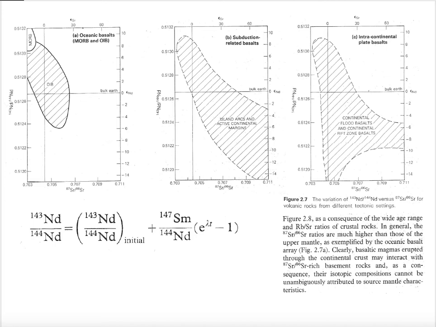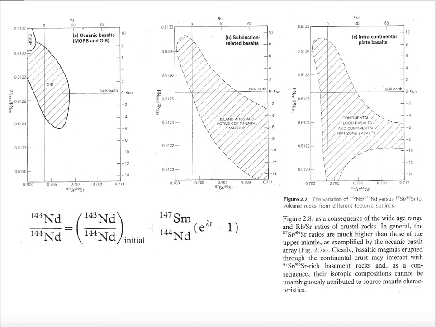So, in picture number A, we have the fields from oceanic basalts, yeah? They have a very low 87 to 86 strontium ratio of 0.70 up to 0.73, because they are formed very, very recently.